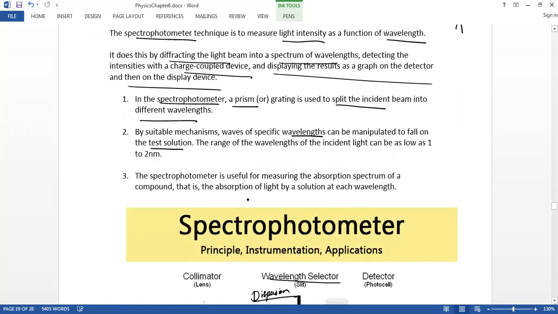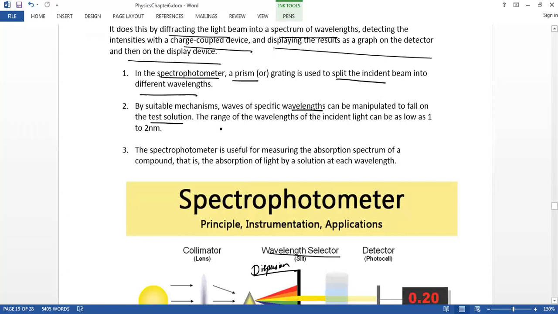This is the second working principle. The range of wavelength of the incident light can be as low as 1 to 2 nanometers.